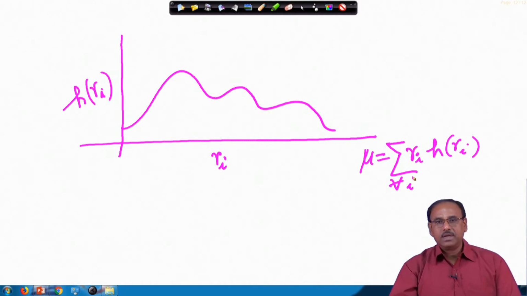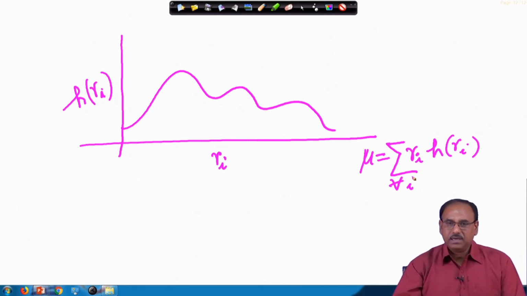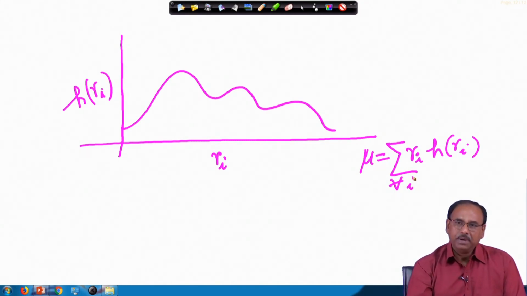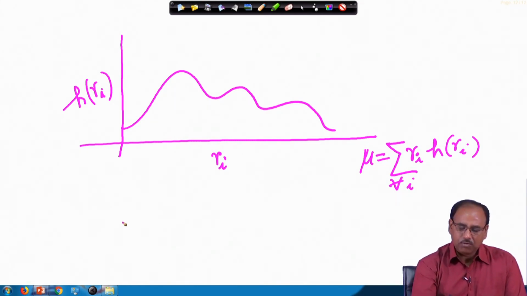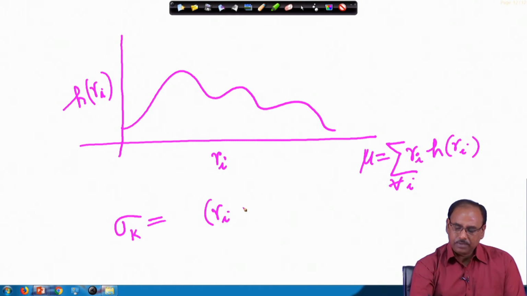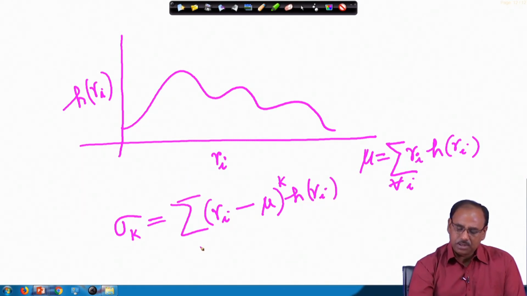That gives you the mean intensity value. Once I have this mean intensity value, I can compute the statistical moment of order k, which I write as sigma_k, given by the sum over all i of (R_I minus mu) to the power k times H(R_I).